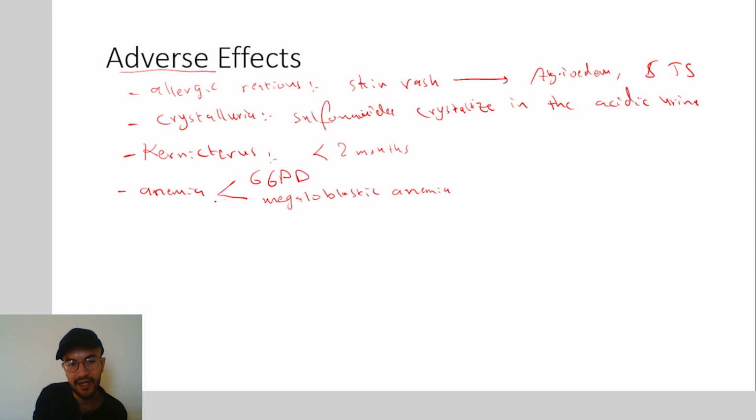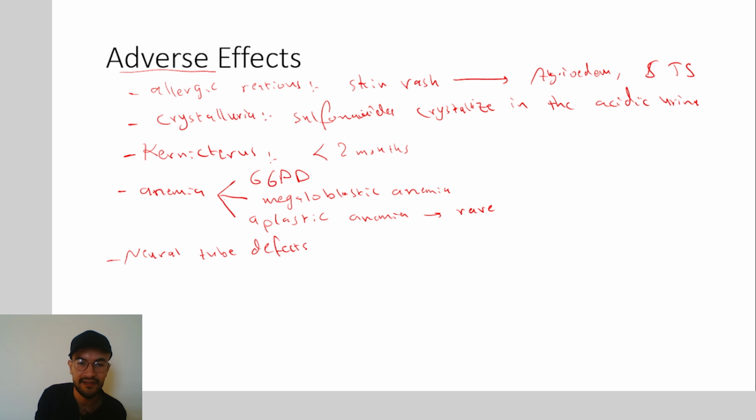They might also cause aplastic anemia, but that is rare. They also cause neural tube defects if taken during pregnancy, because they are anti-folate.